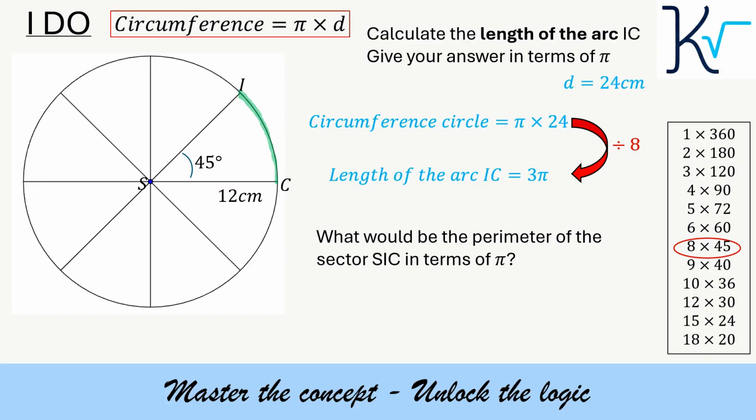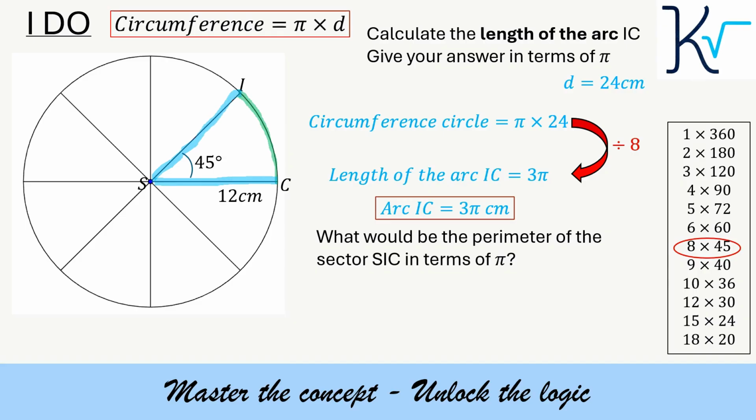So we're talking about length here, not surface. We'll therefore keep centimeters as unit. Now, what if we wanted the perimeter of that sector SIC? The total length around the shape SIC. Well, the sector SIC itself is made of the arc IC in green and the 2 radii SI and SC.